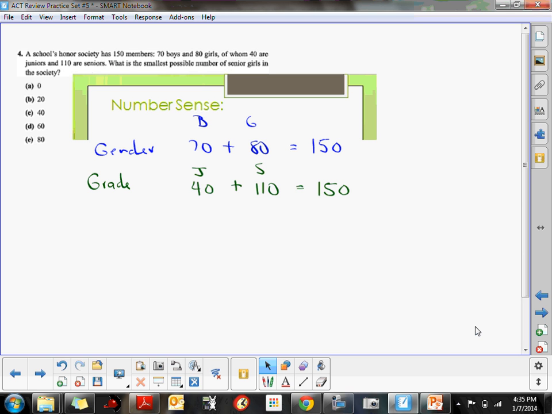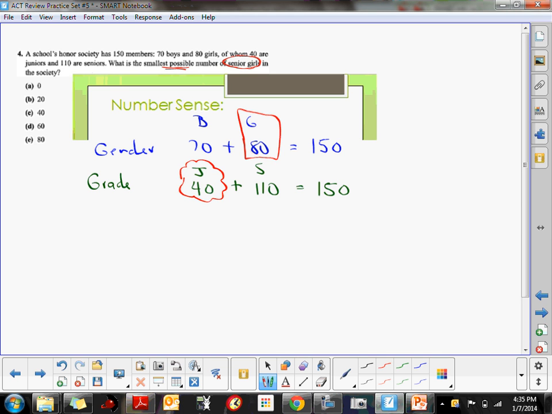They want us to basically minimize the number of senior girls. So how can I make the senior girls number as small as possible? We know we got to have 80 girls. So what I started thinking about is how can I minimize the number of girls that are seniors? And that would be by taking the juniors and saying, what if all 40 of those were girls?